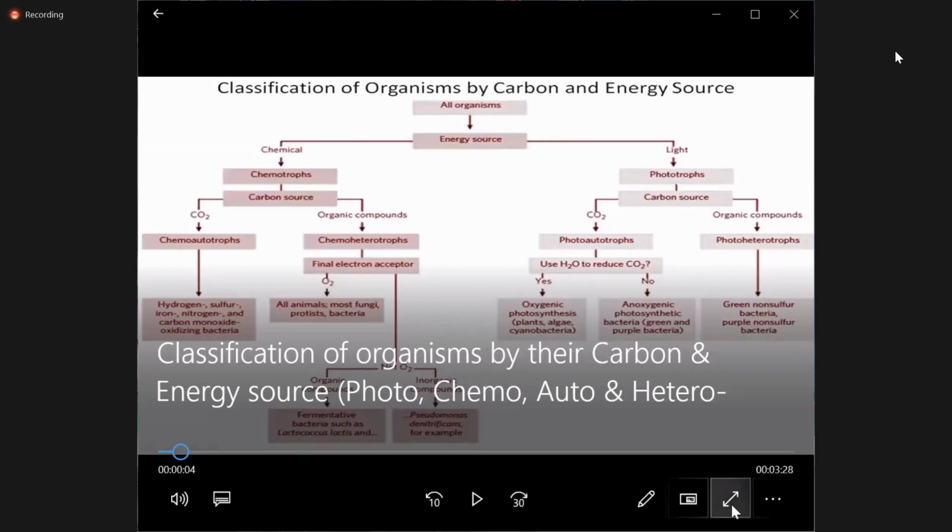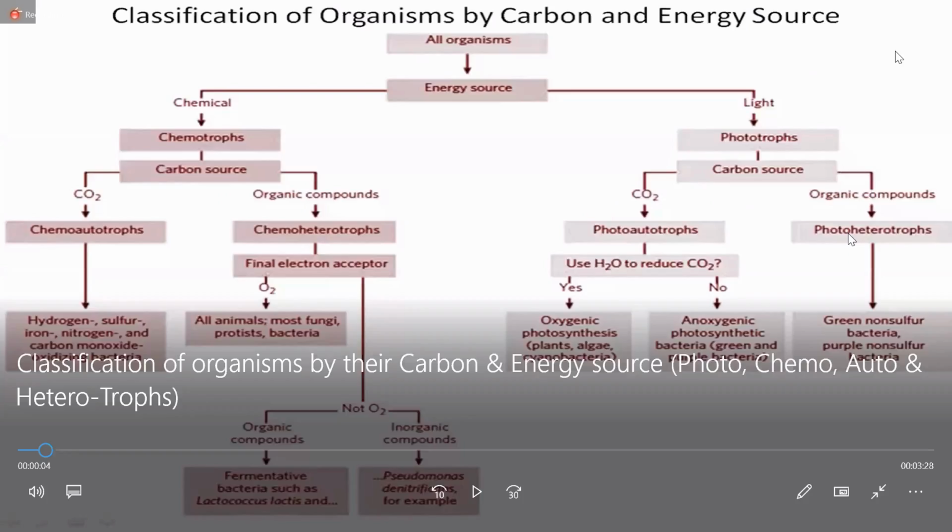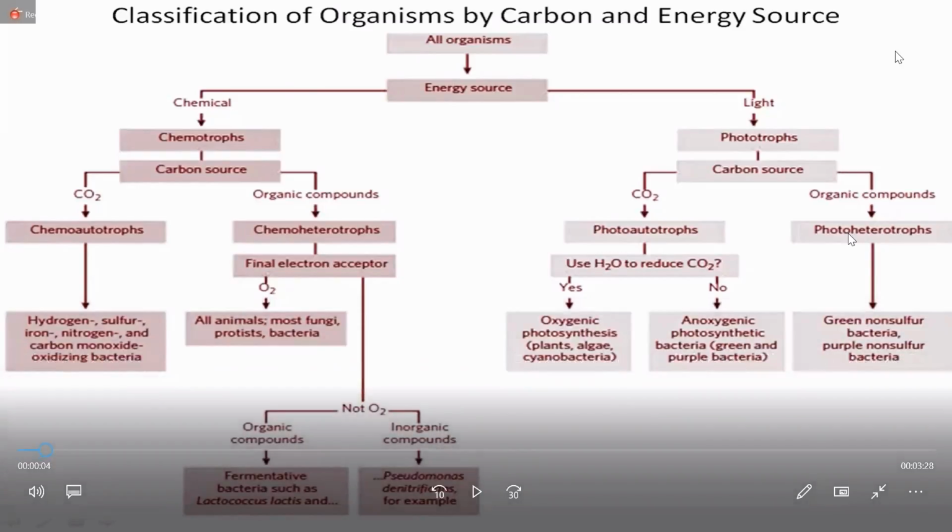This is our major classification. The source of energy and carbon in living organisms, in a biological way. In chemotrophs, it is a chemical; this is the main component. And in phototrophs, the light source is the main component.